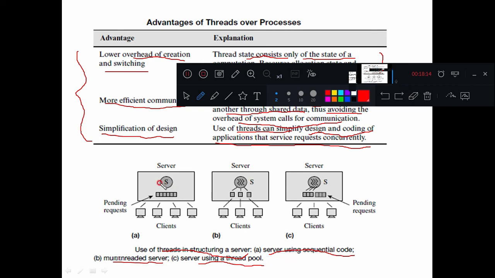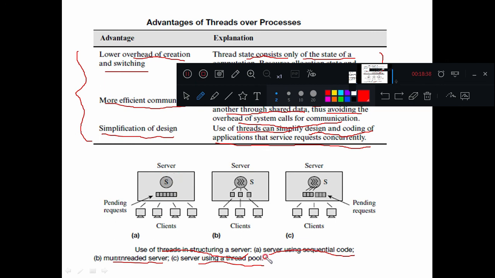So in the first case, each server is going to handle a request on its own, right? It will not create any kind of child process or threads, you can say, right? So one server is going to handle one request, right? Once that particular request gets over, then only it will switch to the other request.